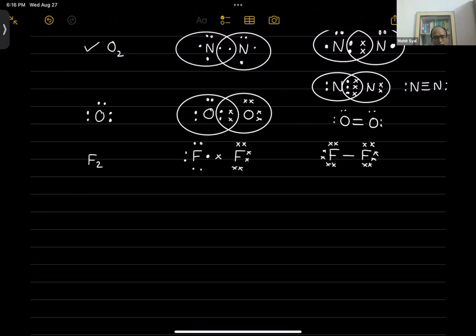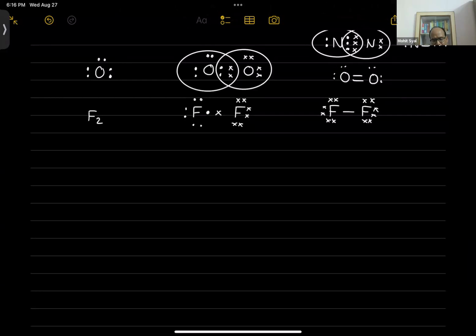But not always are you going to end up with simple molecules. You will have some more molecules with more atoms. There you need to concentrate more, like ethane.